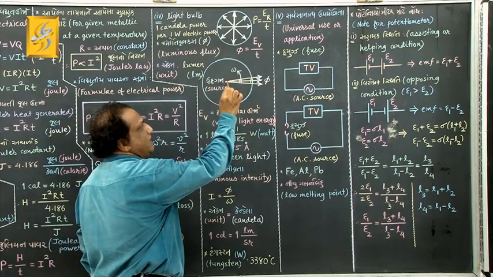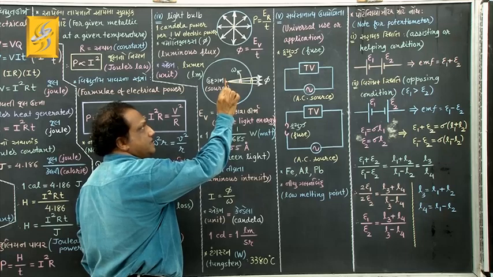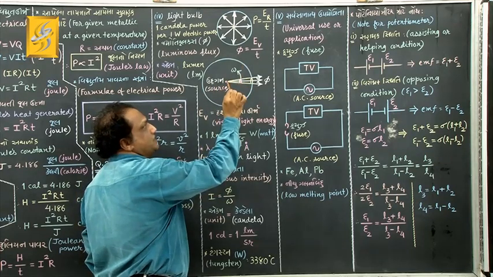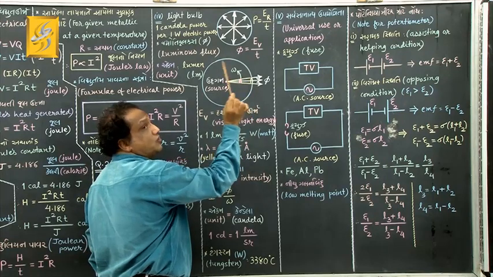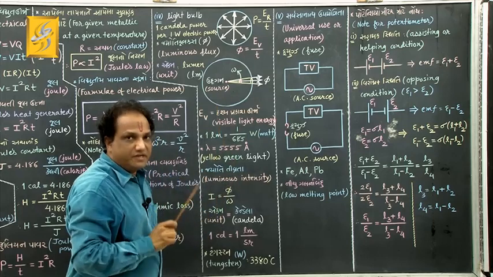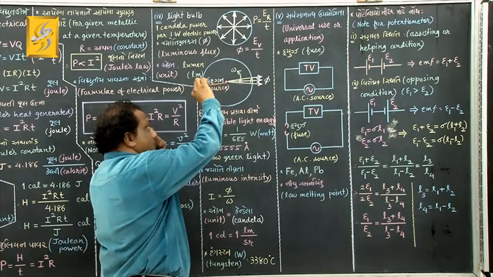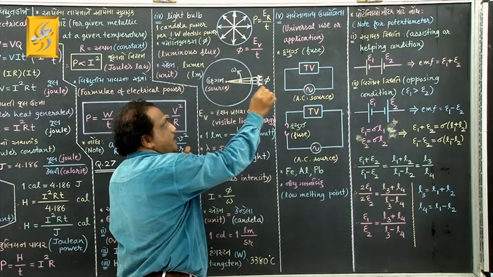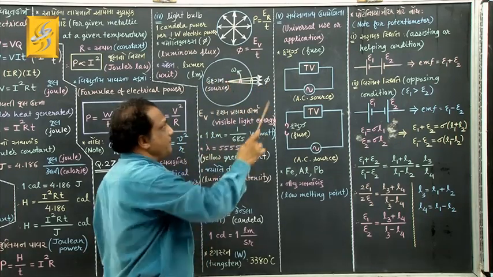Consider a point-like source of visible light at the center of a spherical surface, and consider some solid angle, say omega. With measurement it is omega, and through this solid angle the luminous flux coming out of the source is suppose phi.